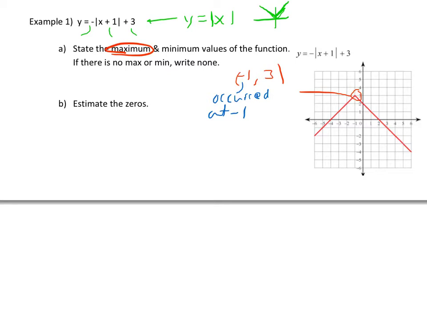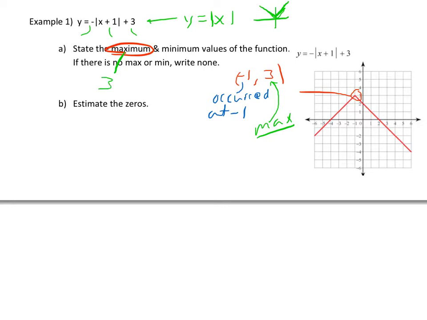Okay? But 3 is the actual maximum. So it occurred at -1, and the actual maximum is 3. So that's how we want to interpret this. When they say state the maximum, we would say it is 3.